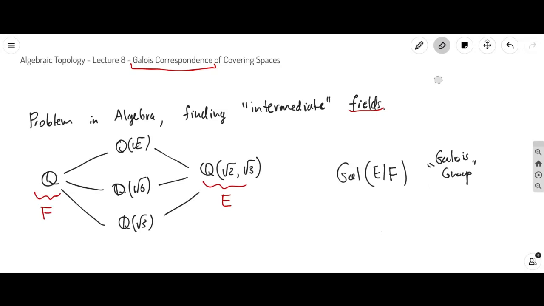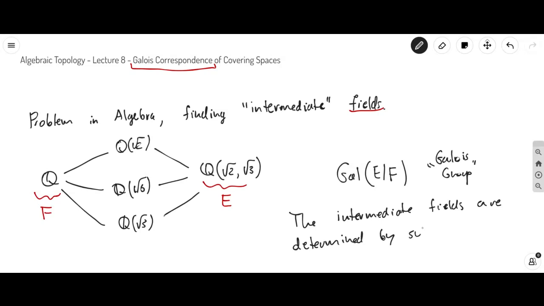And this is a group, and amazingly, the intermediate fields are determined by subgroups. Let's call this G, subgroups of G.